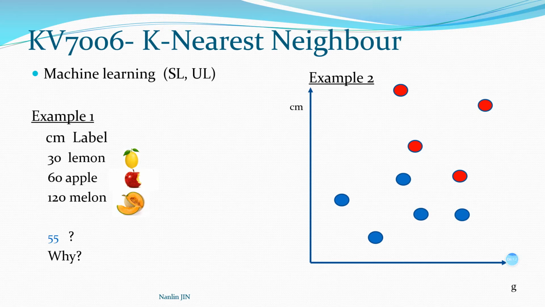Just like we have seen with the fruit, they have already been given a class. So we know that, I don't know if you can see my mouse, the top red one has a certain x value and a certain y value, and this one also has a y value and an x value.